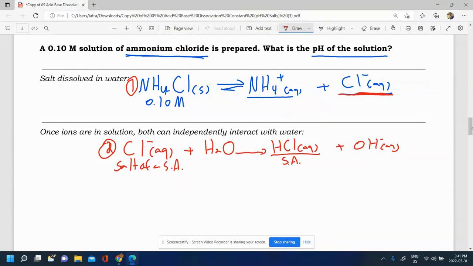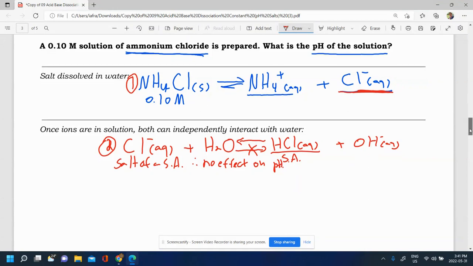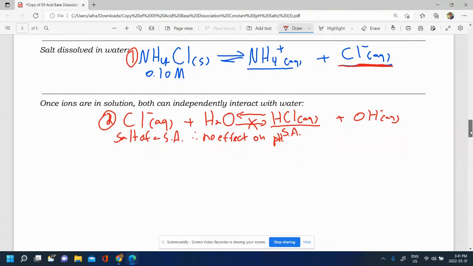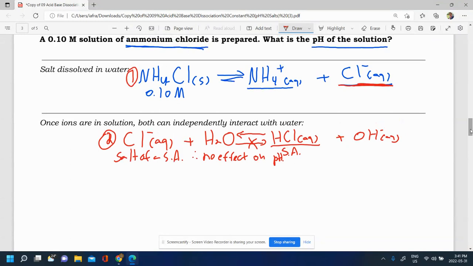Therefore, this direction will not happen. It will prefer to stay as Cl minus. So this has no effect on pH. So we don't really have to worry too much about Cl minus because it's not going to affect pH.